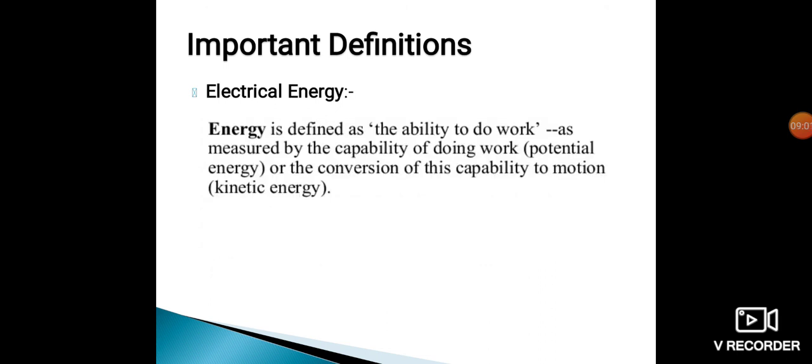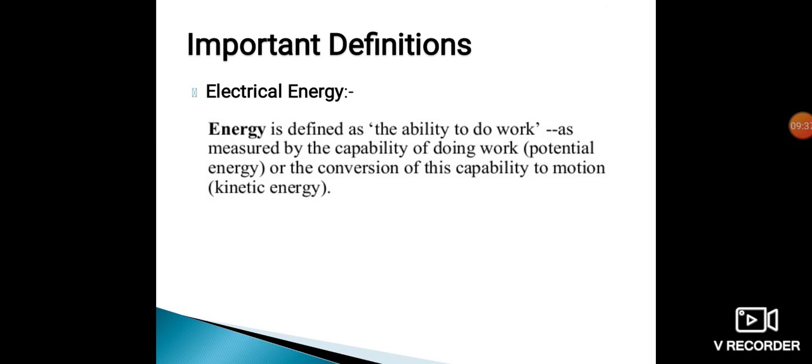The next definition is electrical energy. If we have to do any work, any task, we must have energy. In the same way, to perform electrical work, we must require electrical energy. So energy is defined as the ability to do work, as measured by the capability of doing work or the conversion of this capability to motion.